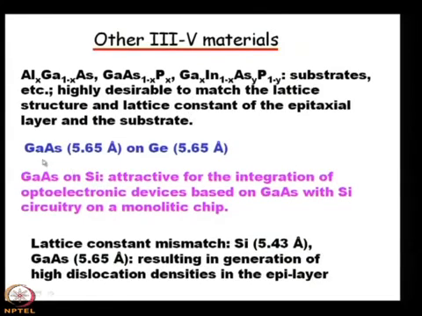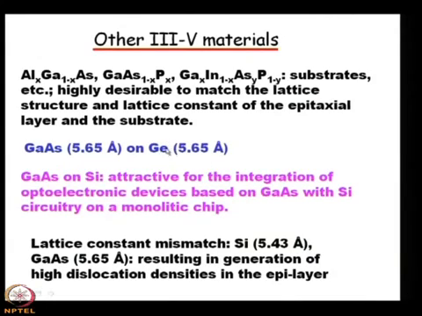And you see that the lattice constant of gallium arsenide is 5.65 angstrom, and germanium, its lattice constant is also 5.65 angstrom, and both lattice constants are the same. So, gallium arsenide can be grown on germanium.